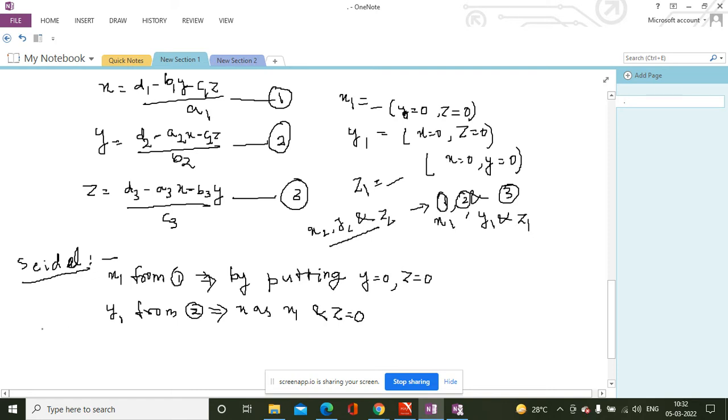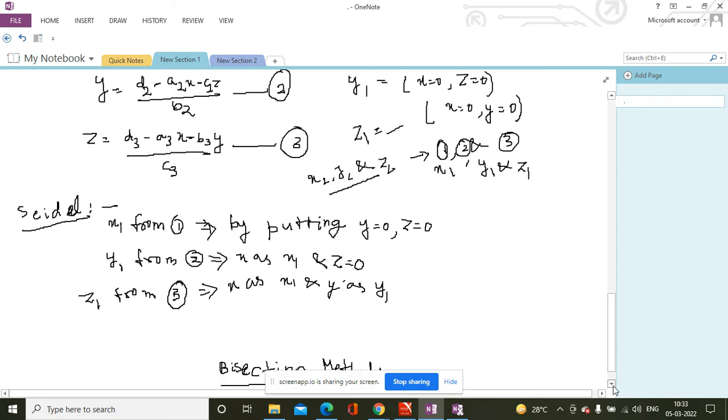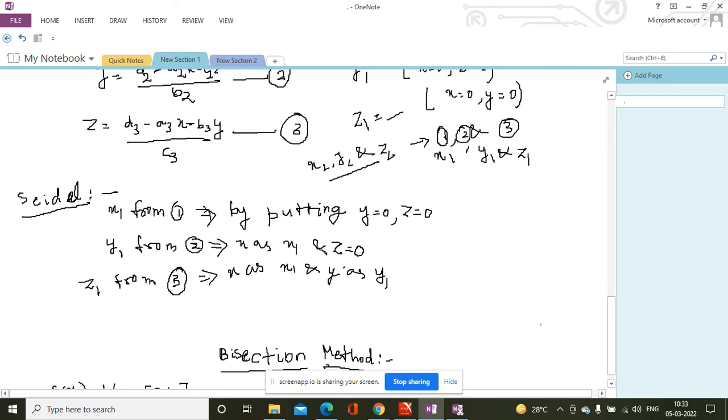Then next we obtain z1 from equation 3, by putting x1 and y1. So this is the Gauss Seidel method. Similarly, we can obtain x2, y2 and z2.